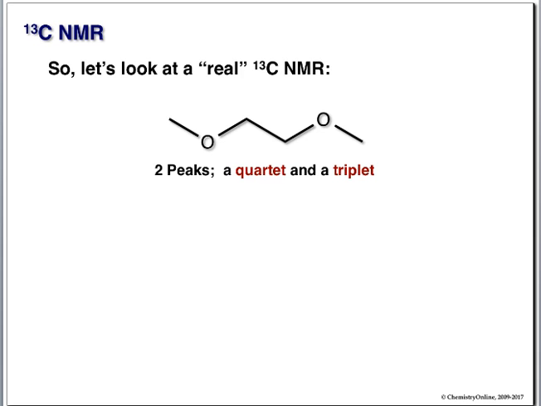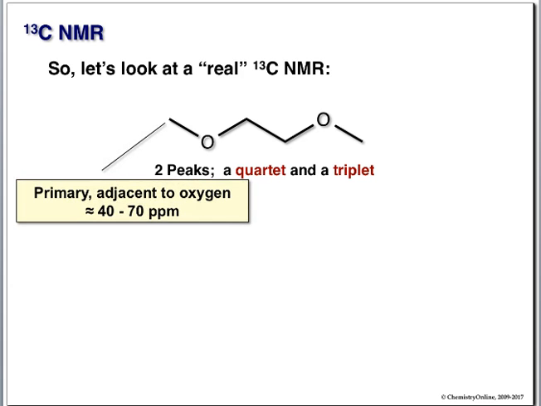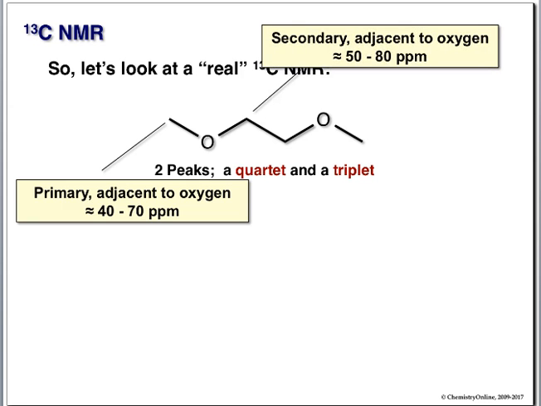Everyone happy with that? 2 peaks in the C13 NMR, a quartet, and a triplet. Expect this to be 40 to 70, maybe a little higher, 50 to 80, because it's secondary. So let's do our NMR.